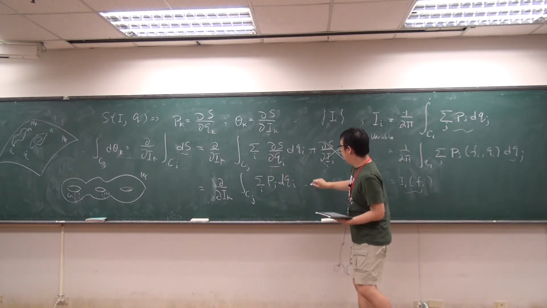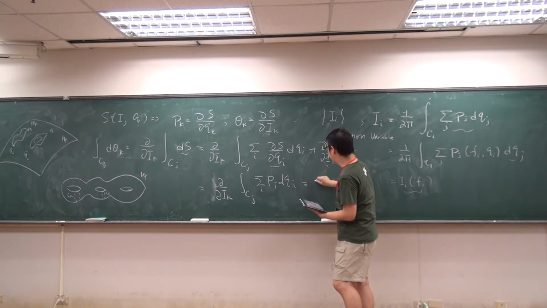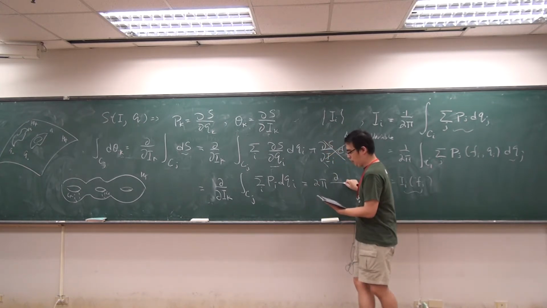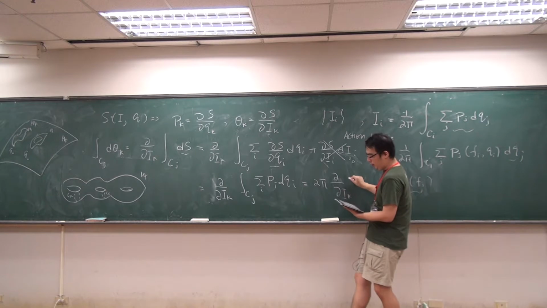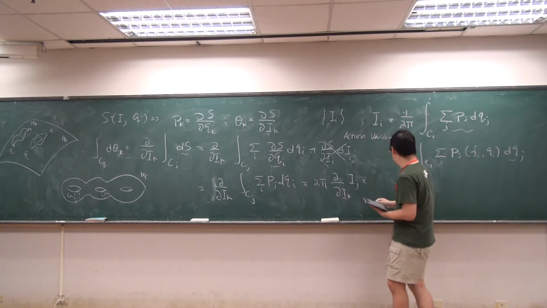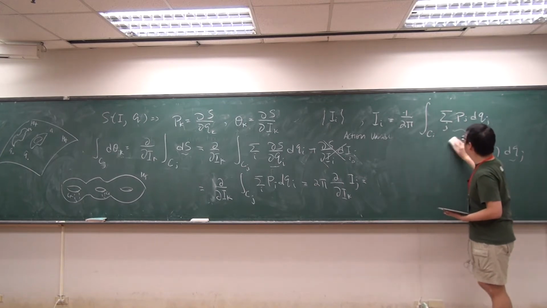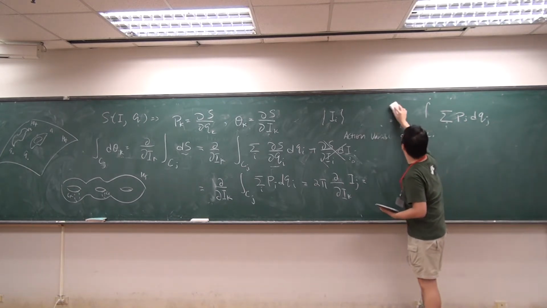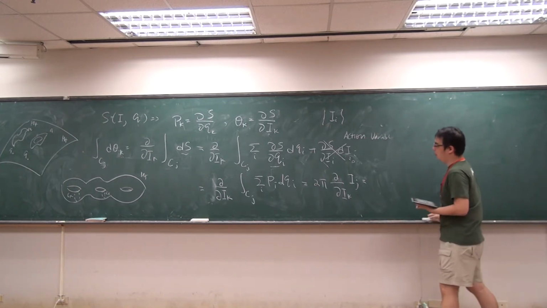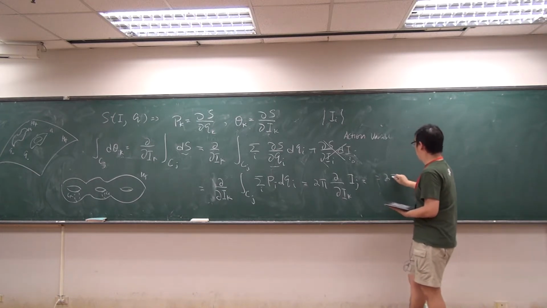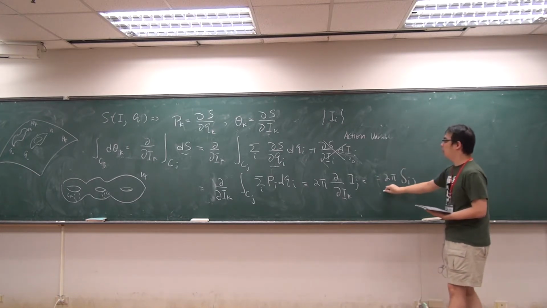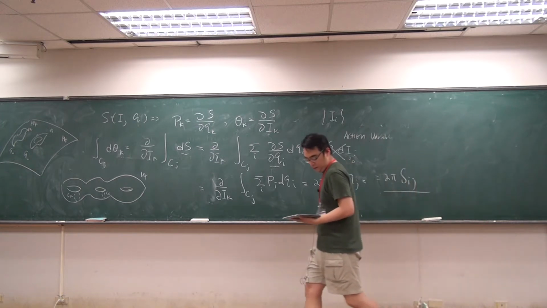Okay? And this is nothing but 2 pi, I_k over I_j, which is delta_ij, as requested.